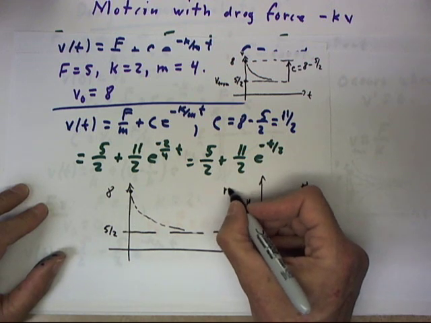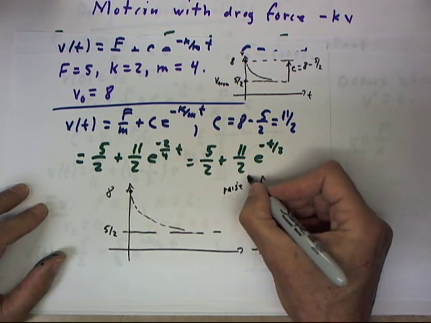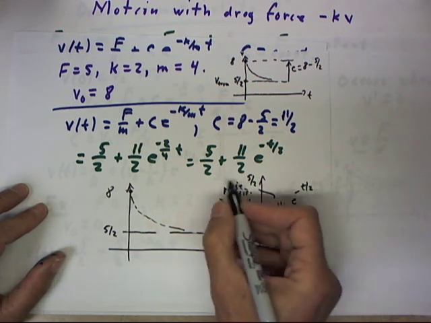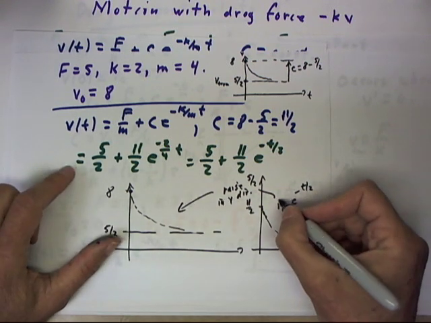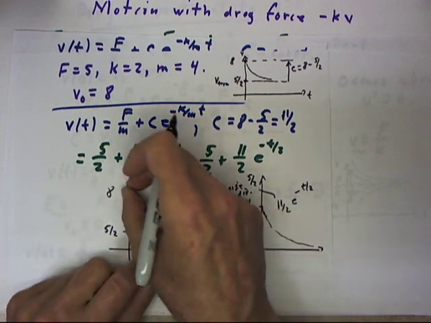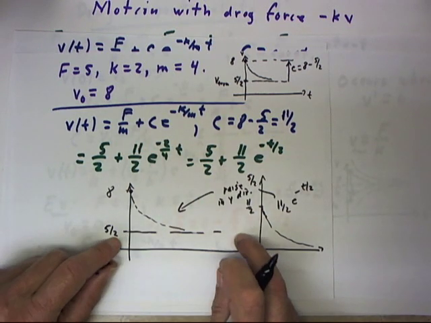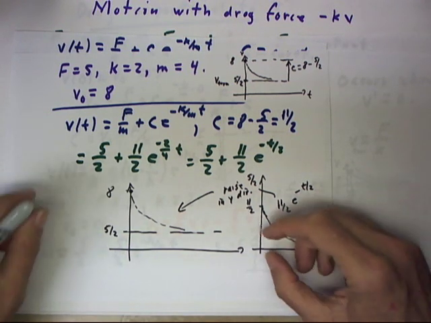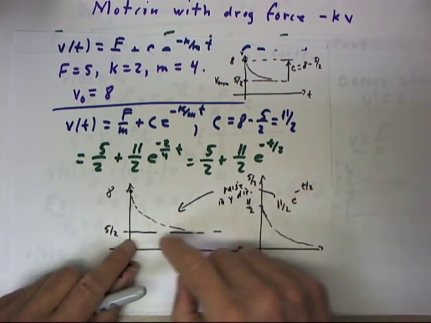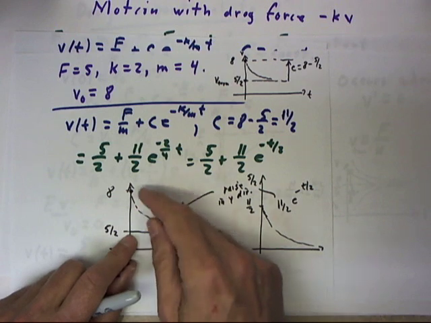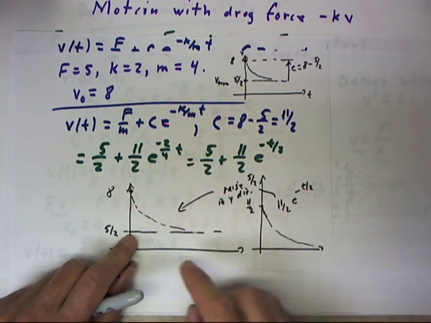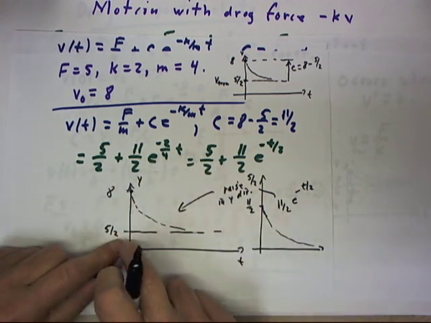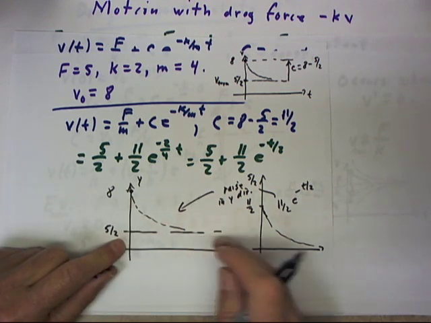So we take this function, raise it 5 halves in the y direction, and we get this function, where the function 11 halves e to the negative t over 2 is sitting right on top of the horizontal line y equals 5/2, representing a situation where we start at a velocity 11/2 greater than the terminal velocity and approach the terminal velocity along this curve, giving us a v versus t curve that approaches the terminal velocity 5/2 along an identical curve.